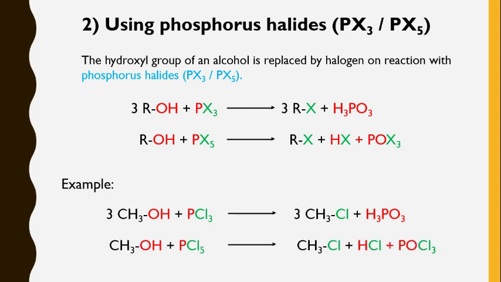And in another reaction, methanol, when treated with PCl5, forms our product methyl chloride, and the side products are HCl and POCl3. See, this kind of reaction can be asked in exams. You have to keep in mind the different side products. You must balance the reaction.